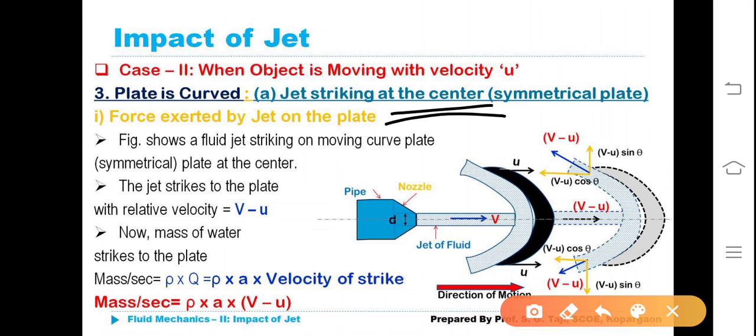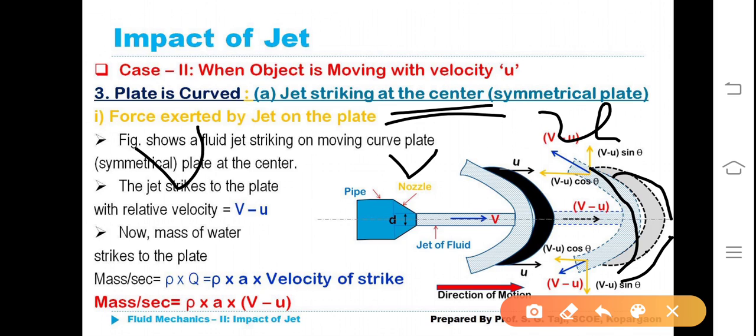The dotted line with which the vane is shown here is the new position after it is moved with velocity u, whereas jet velocity is v. Therefore, the effective velocity on the curved vane will be equal to the relative velocity, which may be represented by Vr, equal to v minus u meters per second. Is it clear?